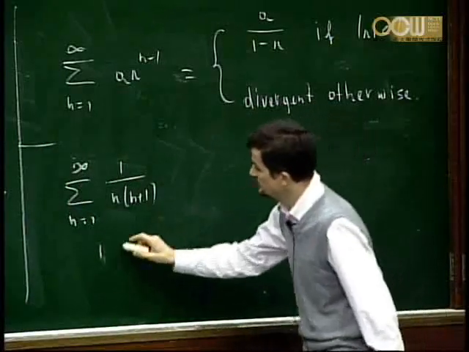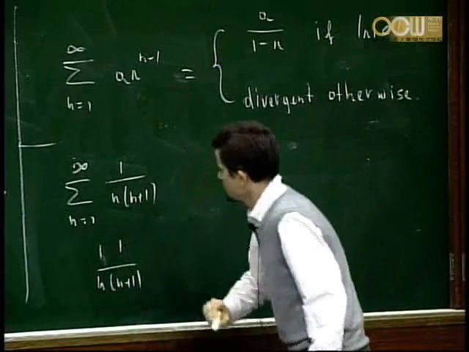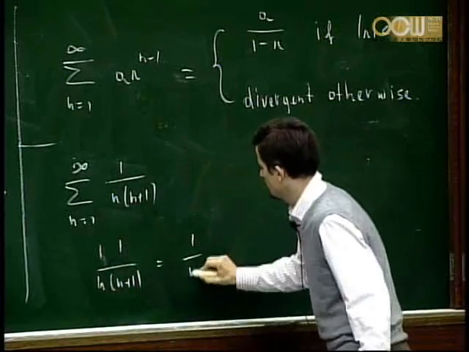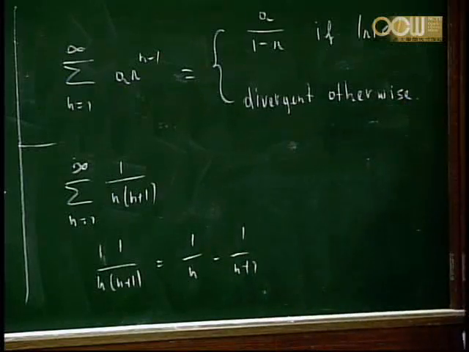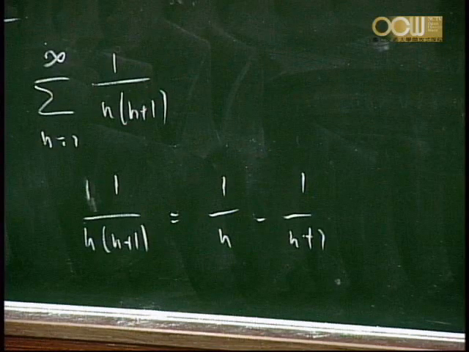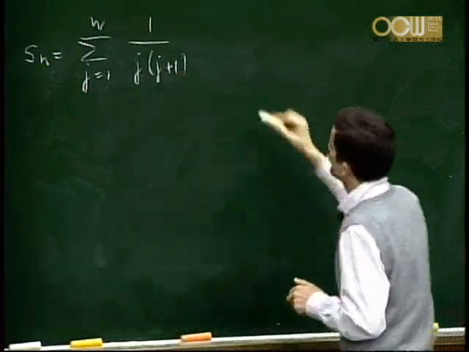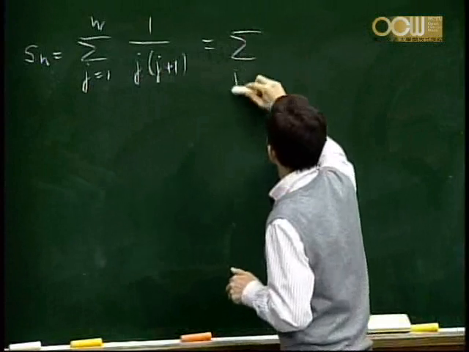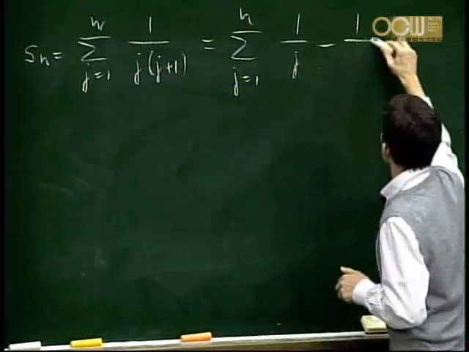Because this here you can write as 1 over n minus 1 over n plus 1. This makes it easy to discuss the partial sums, which is the sum over j from 1 to n of 1 over j(j plus 1). You can write this as the sum of j from 1 to n of 1 over j minus 1 over j plus 1.